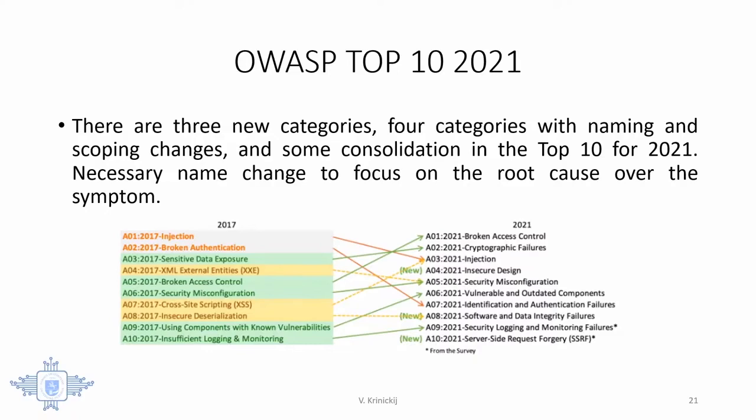It jumped from the number 5 spot, and I'll briefly talk about it. Number 2 is cryptographic failures, which will be discussed later on today. Injection is still a very, very common thing.